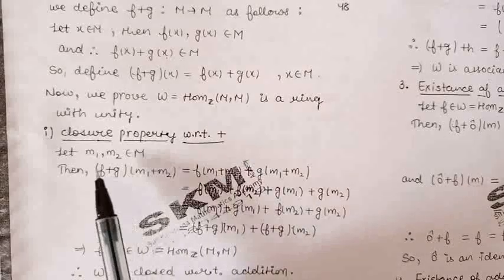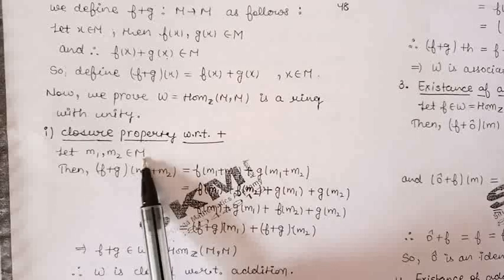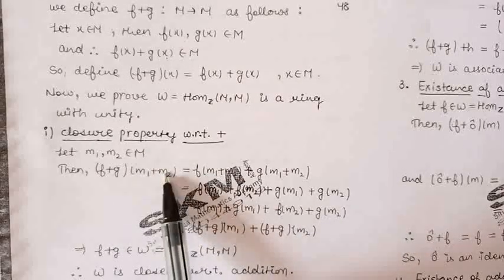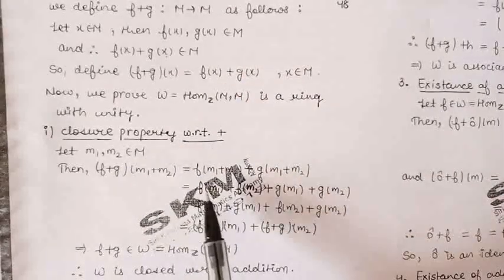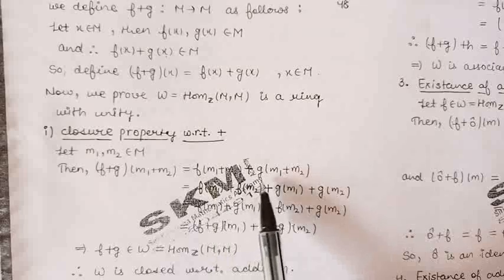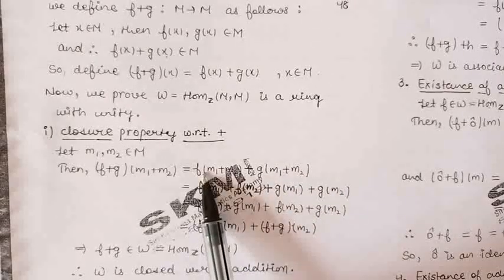Let us take two elements m1 and m2 belonging to M. Let us find the image of m1 plus m2 under f plus g. Now by definition, this will become f of m1 plus m2 plus g of m1 plus m2. Now because f and g are elements of W, they are homomorphisms of abelian groups.